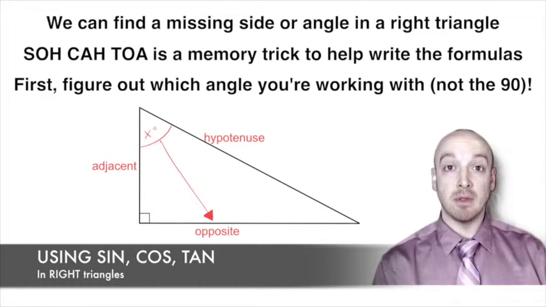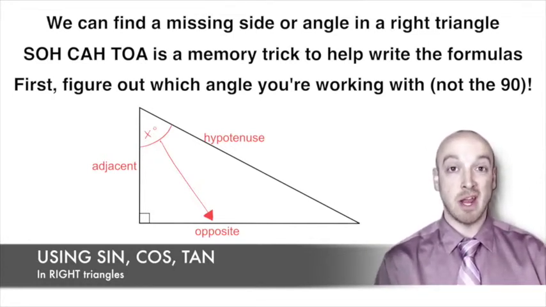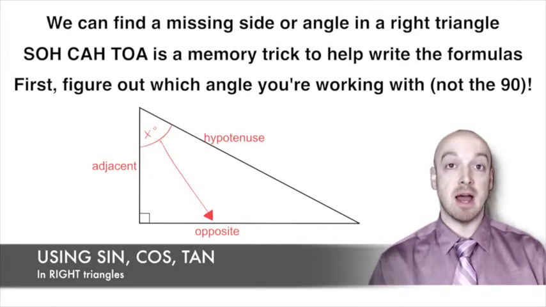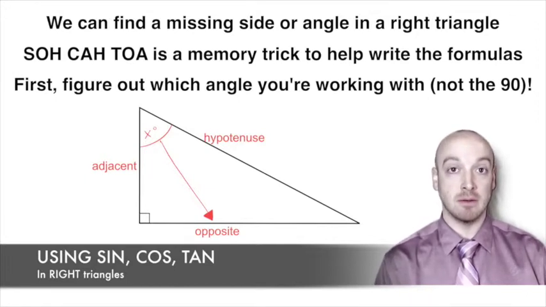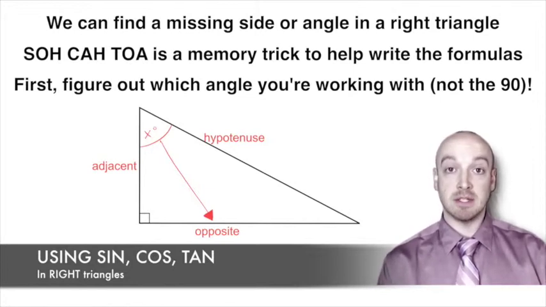Now we have to remember the longest side of a right triangle is always called the hypotenuse, or HYP for short, and that's always across from the 90-degree angle. The opposite side refers to the side that's directly across the triangle from the angle we just chose to work with. And adjacent, which just means next to or beside, that's always the side that meets the hypotenuse at our chosen angle.